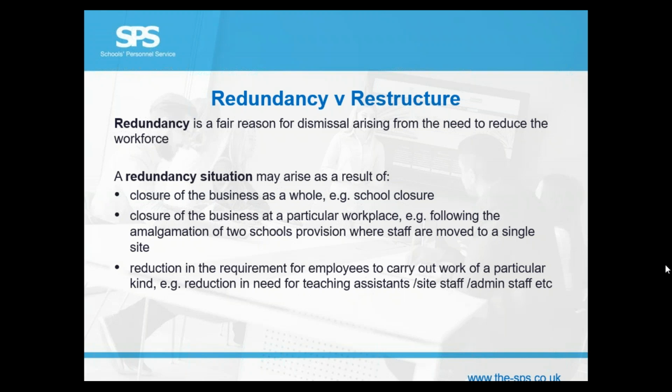And then the final reason is a reduction in the requirement of employees to carry out work of a particular kind. In a school setting, that's probably the more common reason for redundancy that we come across. So a reduction, for example, in the need for teaching assistants or administrative staff or site staff. It's not the closure of a business or a site, but a reduction in the requirement to have the same number of roles going forward.